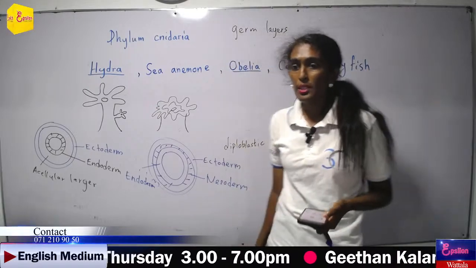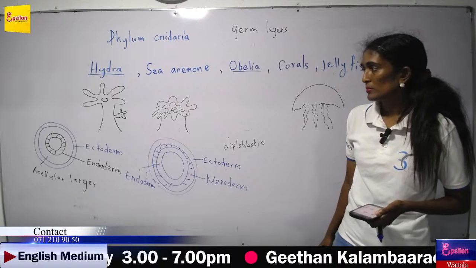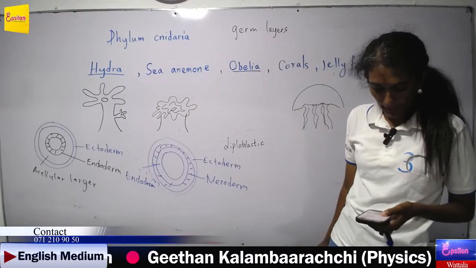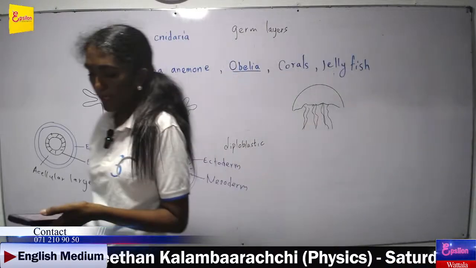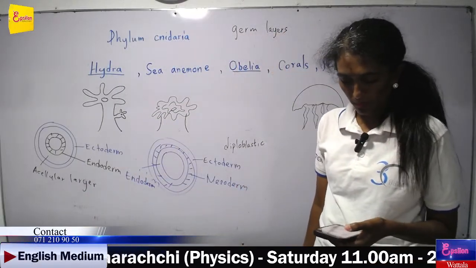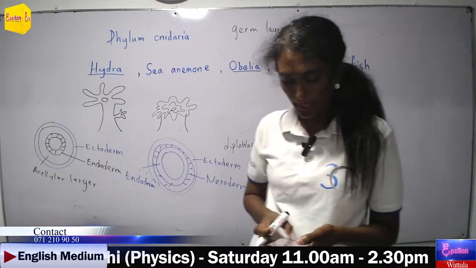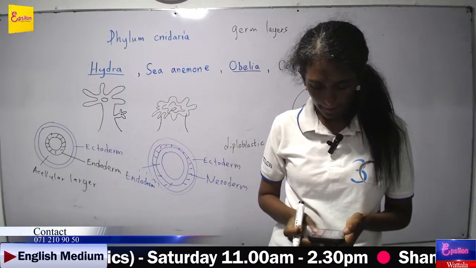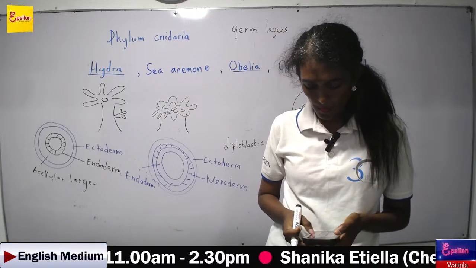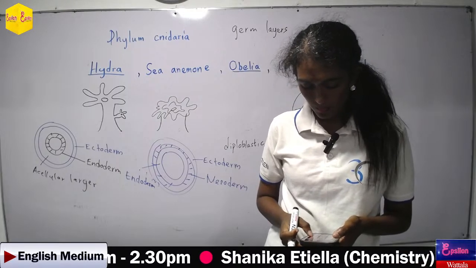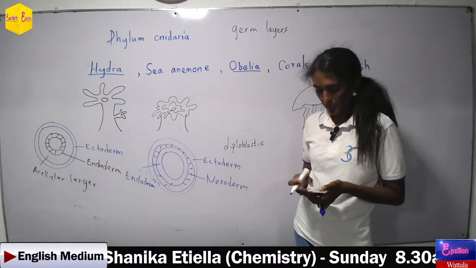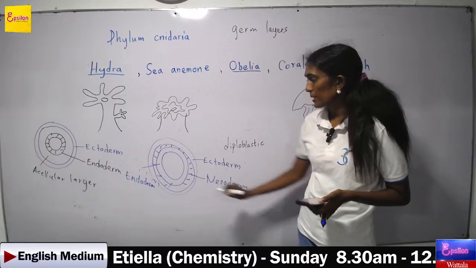Right. Triploblastic. Body is consisting of 3 primary germ layers: ectoderm, mesoderm, endoderm.